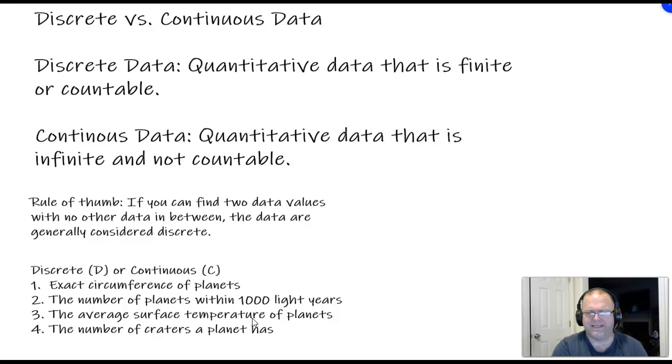So temperature, like distance, is one of those types of measurements where we can infinitely go between any two data values. So that makes it continuous because it's infinite and not countable. And then the last one is the number of craters on a planet. Once again, we can count that, and it's going to be finite. So that would be considered discrete.